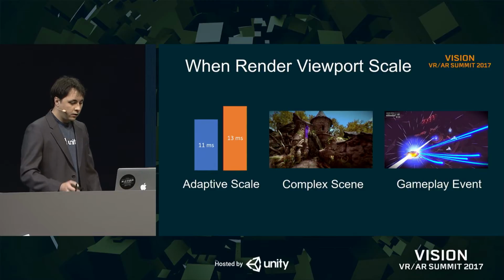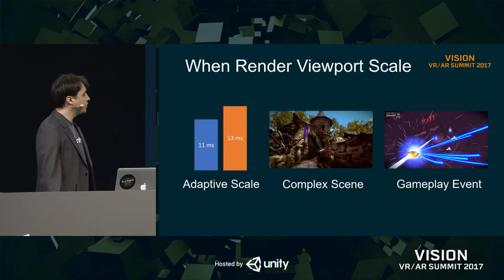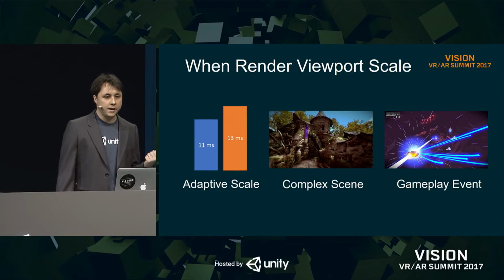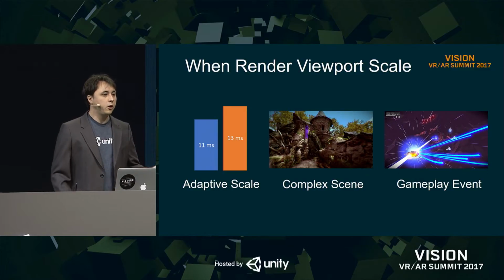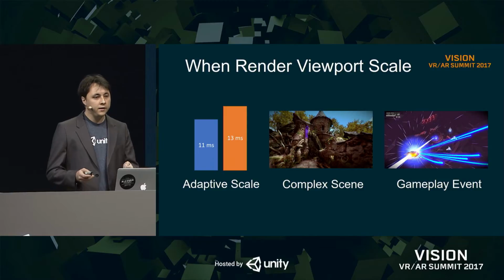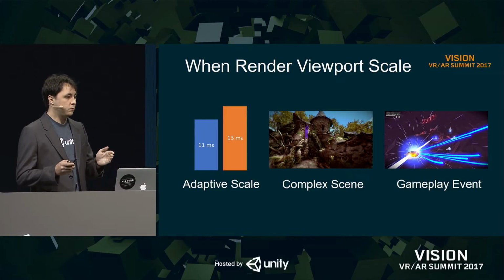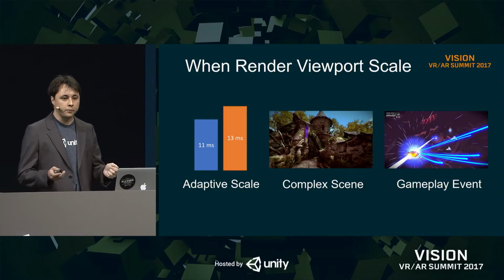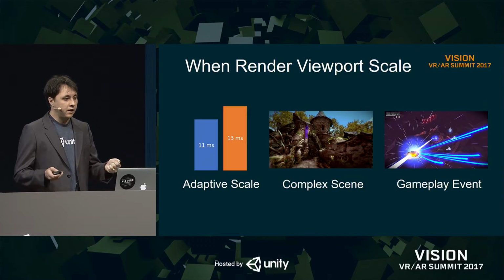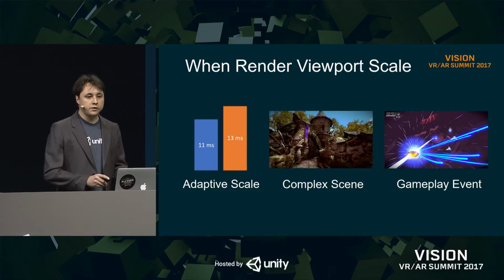And okay, what other cases can we use render viewport scale? We just talked about adaptive scale. But let's say you know there's a really complex scene coming. Why let adaptive scale kick in, taking like 2 seconds or 2 frames from your player's experience before you can actually reduce the scale?